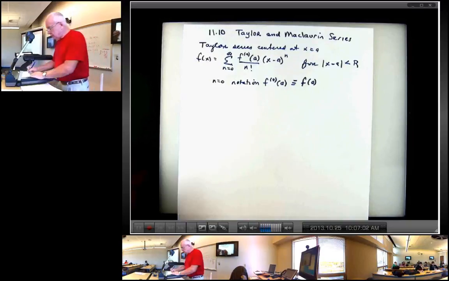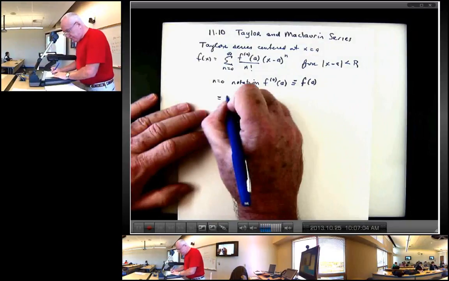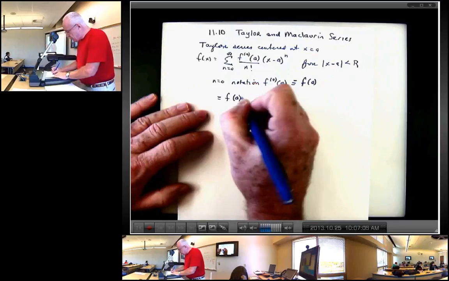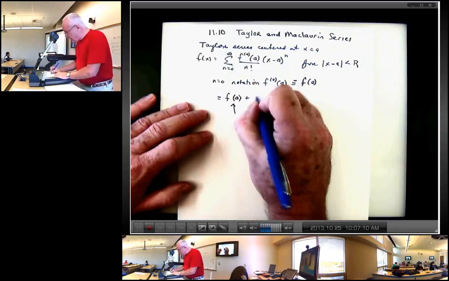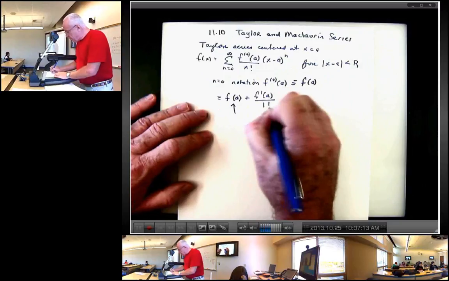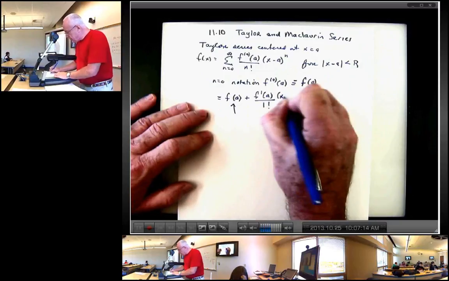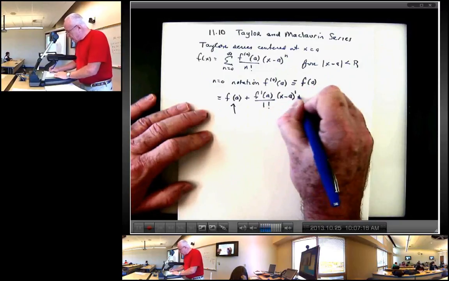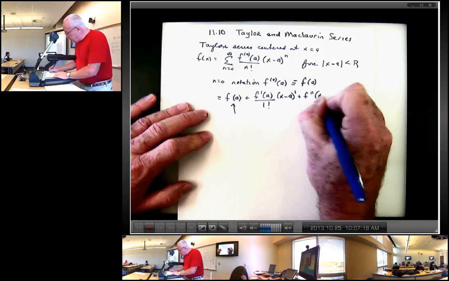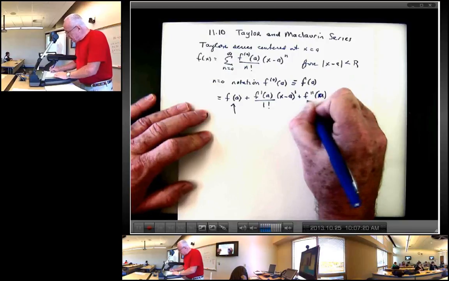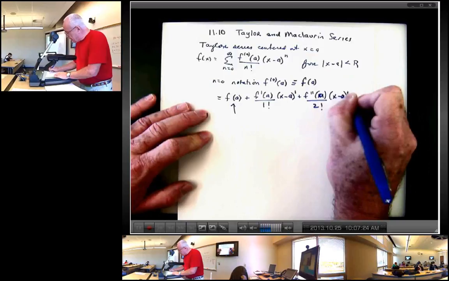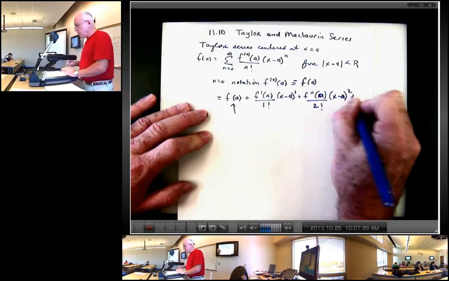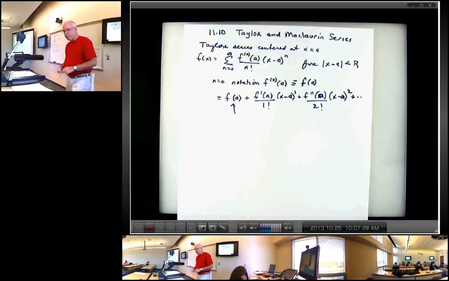This expands out as f of a as the first term. Then we get into the derivatives: f prime of a divided by 1 factorial times x minus a to the first power, plus f double prime at a divided by 2 factorial times x minus a raised to the second power, etc. That's how it expands out.